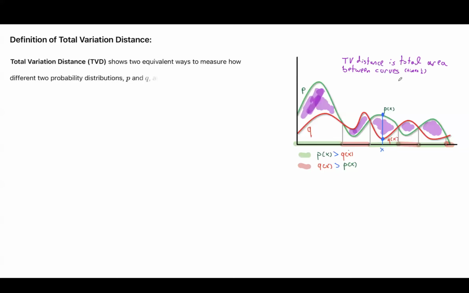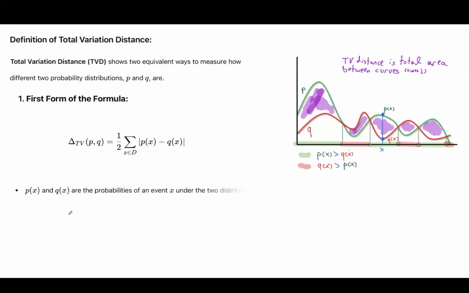It has a nice formula. So suppose you have two probability distributions like P and Q. A straightforward formula specifies that the total variation distance between two distributions is a half of the summation of the absolute value of the difference between the probabilities.